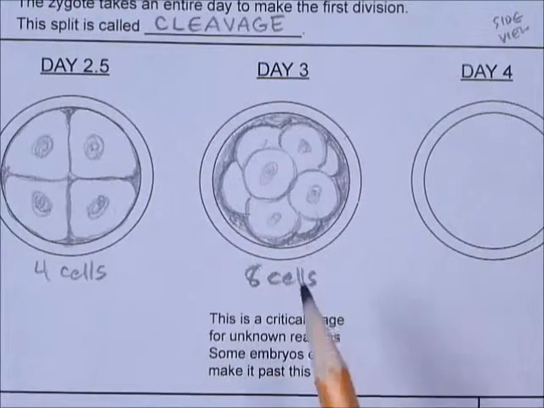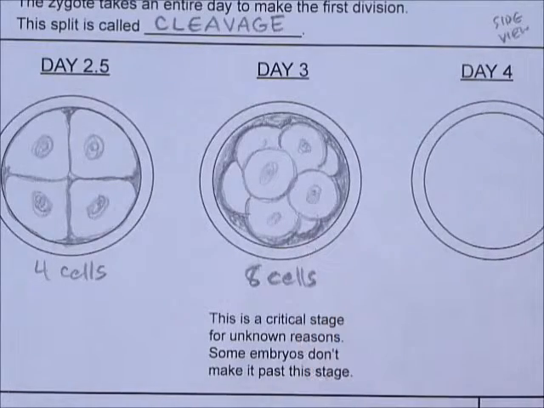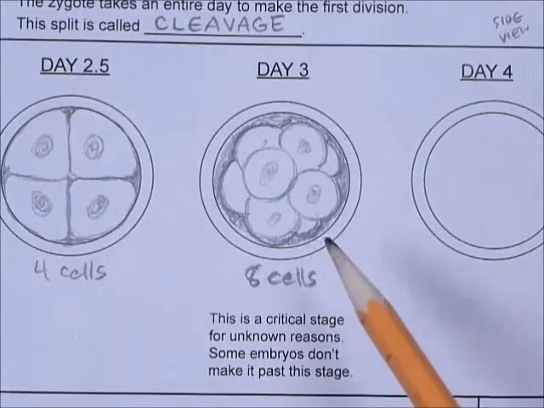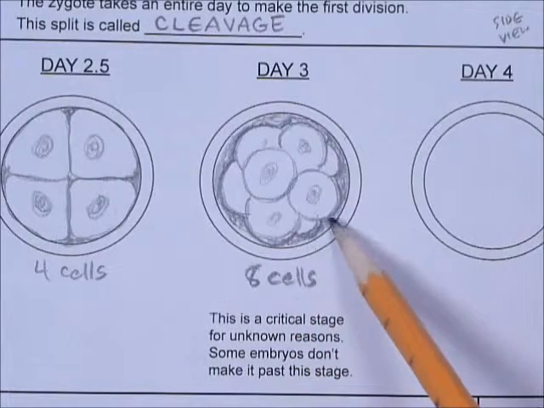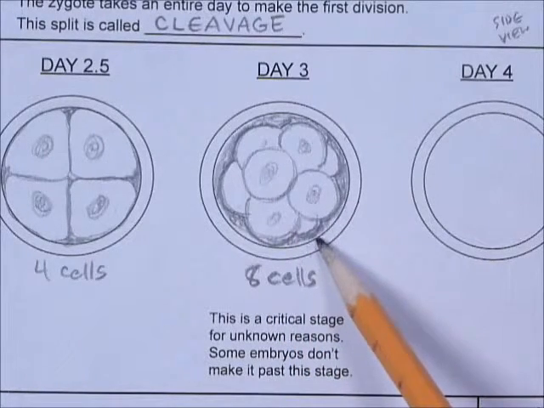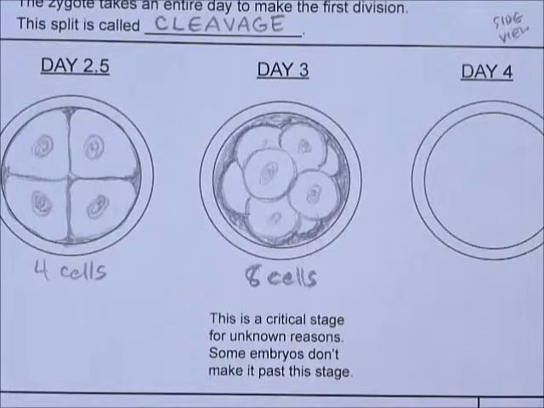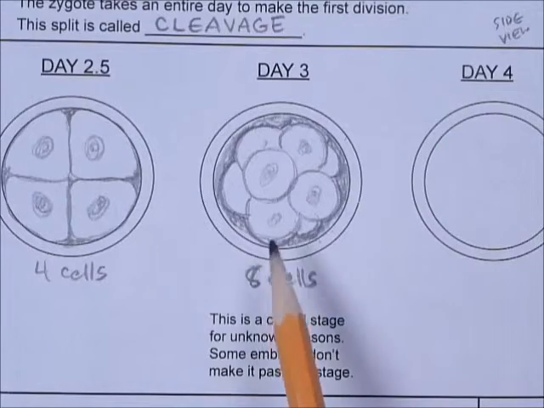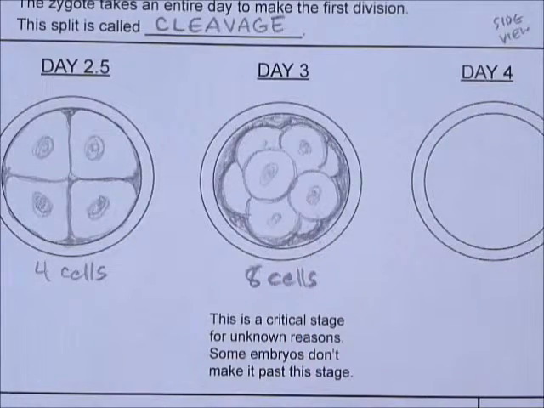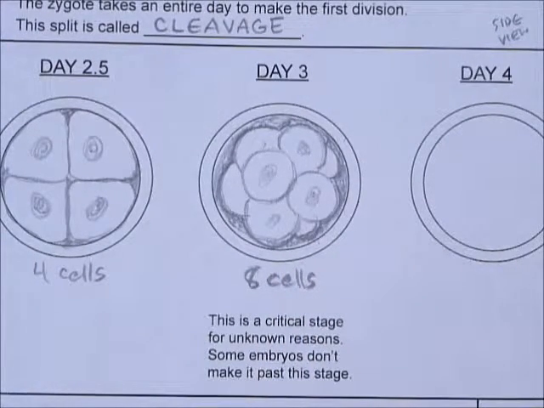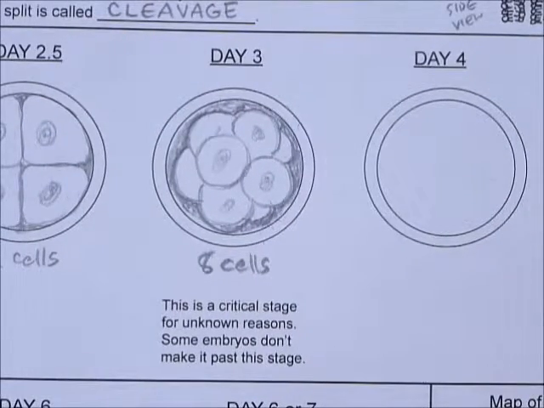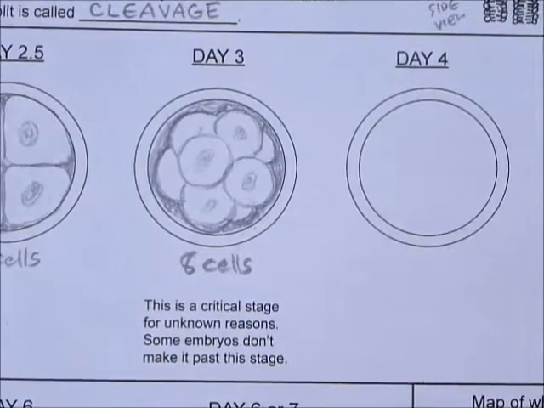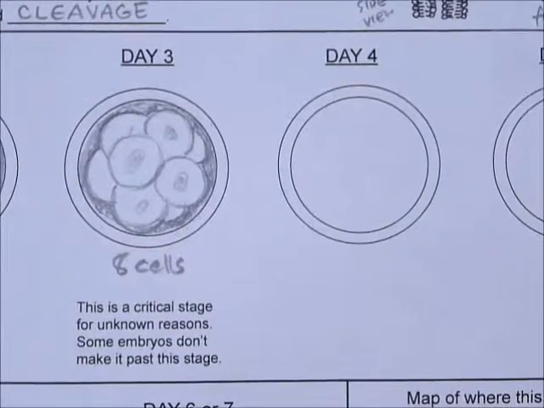Sometimes, even freezing aside, forget that, they've noticed that these things just don't ever grow beyond this 8 cell stage, and they don't know why. So this is where life ends for some embryos. Most of them go on, but some can't make it past this stage, and maybe they'll figure it out someday, but right now it's a mystery as far as I know. Okay, just a little bit of embryo trivia there.